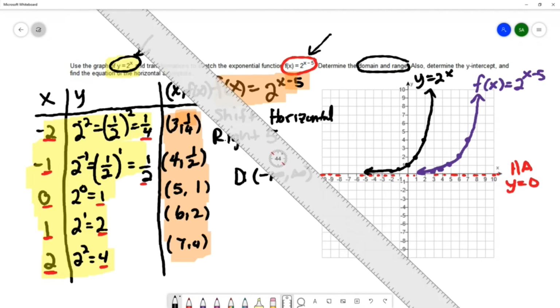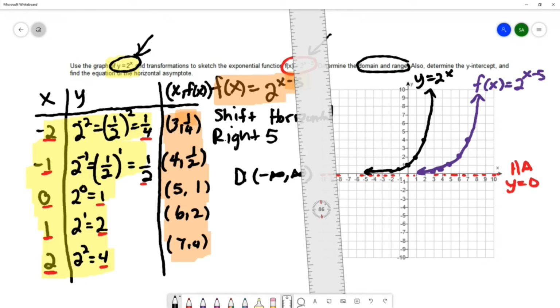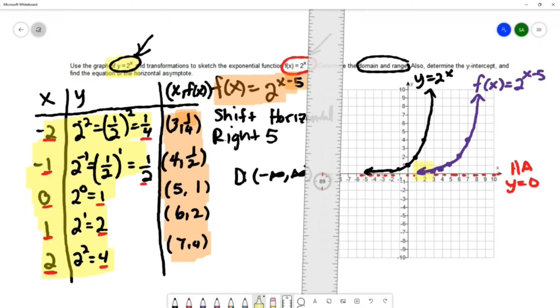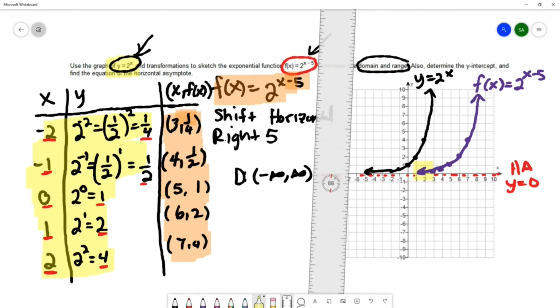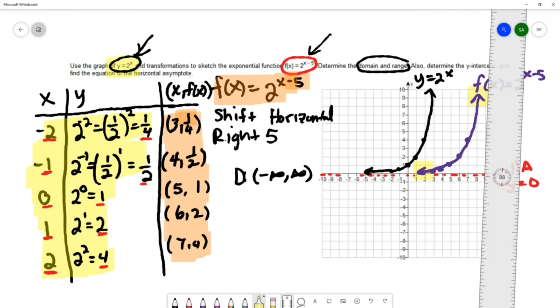We can confirm that with our ruler. If we start on the left, this arrow here indicates that the graph continues on forever, so our domain starts at negative infinity. This arrow here means that the graph continues on to the right forever, and so our domain goes from negative infinity to infinity.